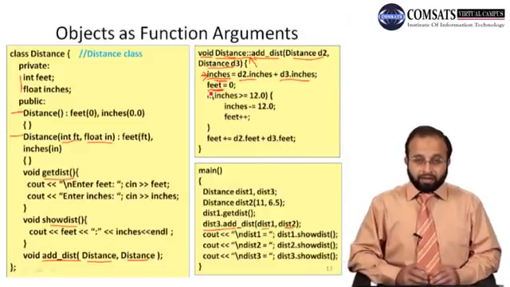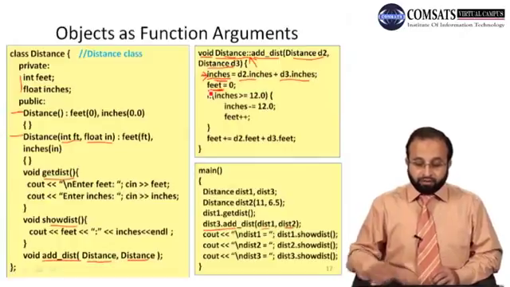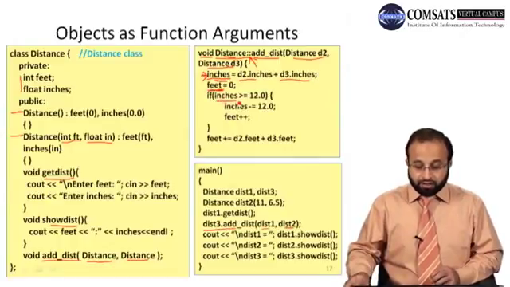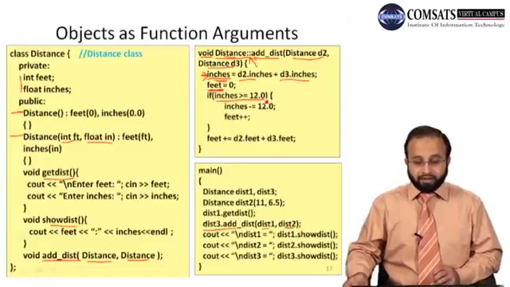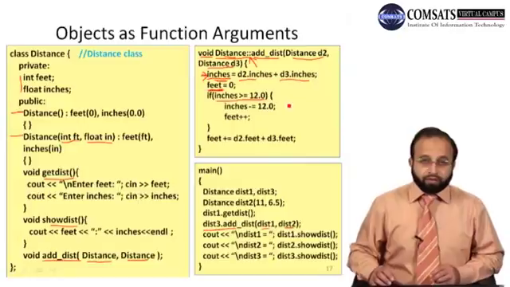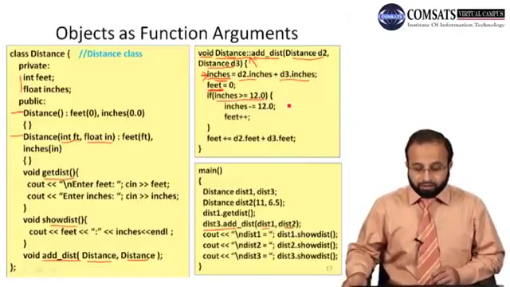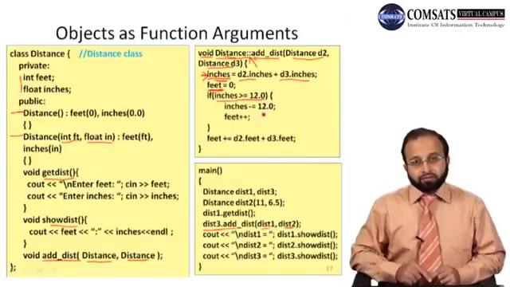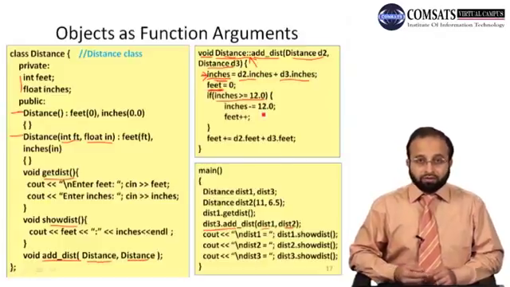So we first add up the inches of both distances, then we check if the inches is greater than 12 or not. If it is greater than 12, then this means that we can subtract 12 from the inches and add 1 to the feet, right, because 12 inches is equal to 1 foot.